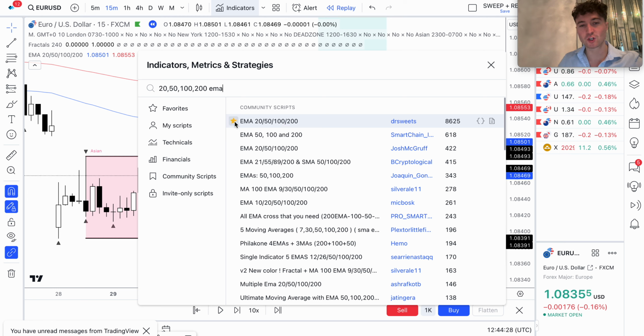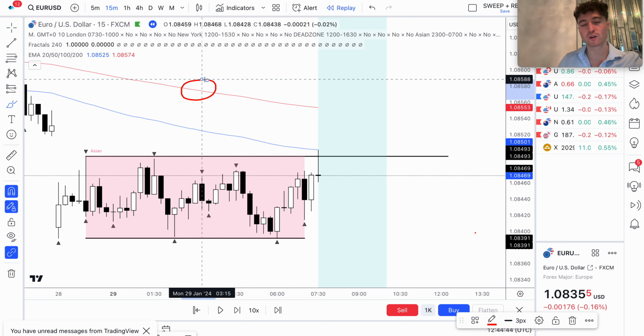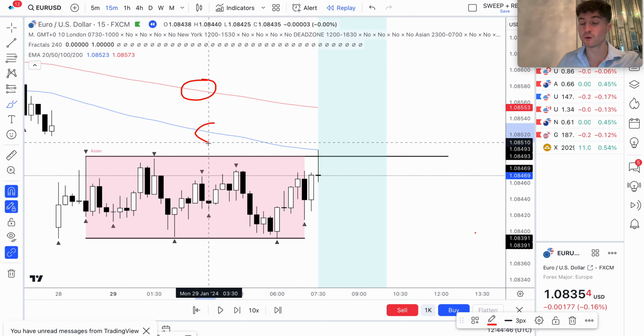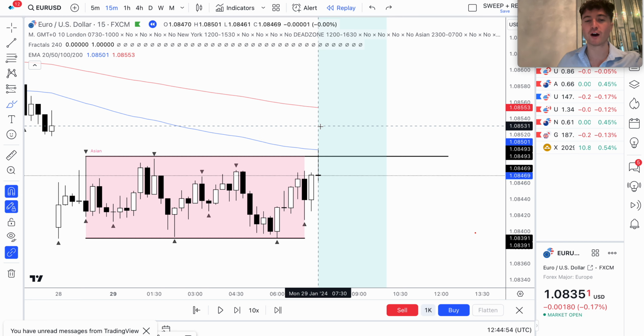Apply that to your charts, and we only need the 100 and 200 moving averages on your chart because we don't want too much noise and we want to keep it very simple. So the red one here is the 200 exponential moving average, and the blue line here is the 100 exponential moving average.